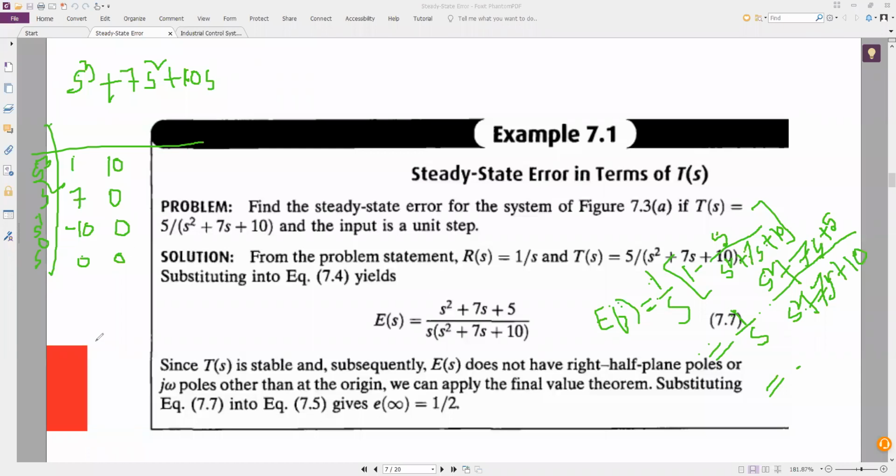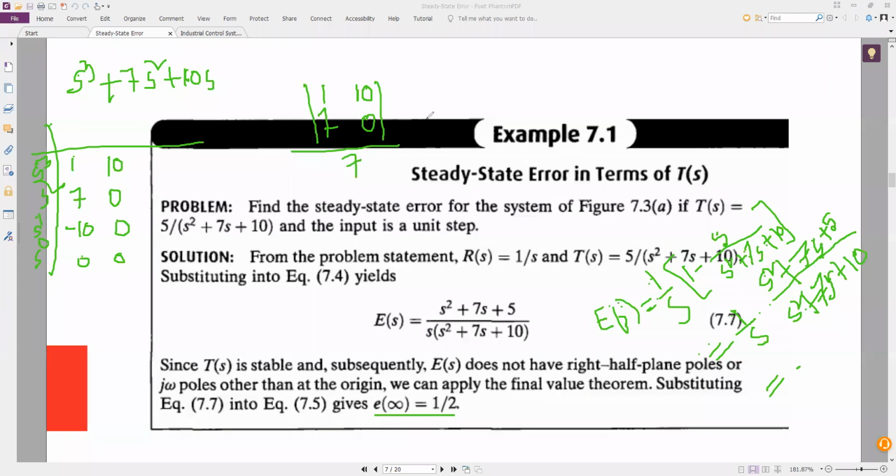So you have to check like this. Let me check this one: 1, 7, then 1, 7, and 0, and 0, divided by 7.